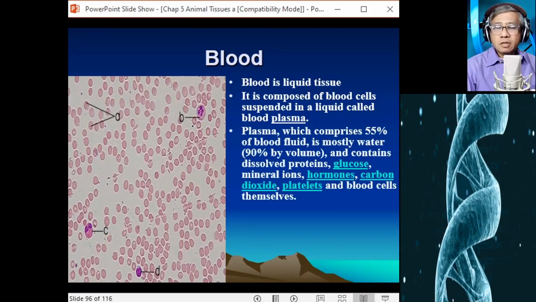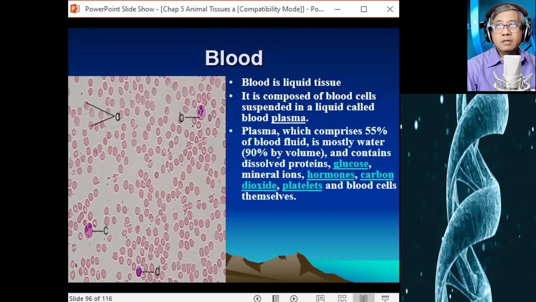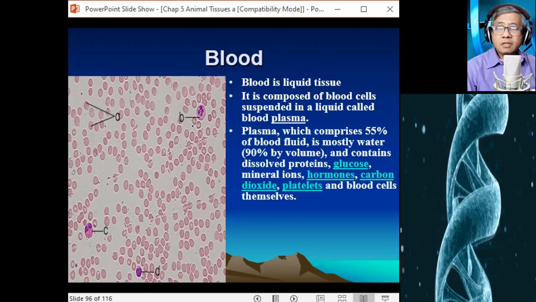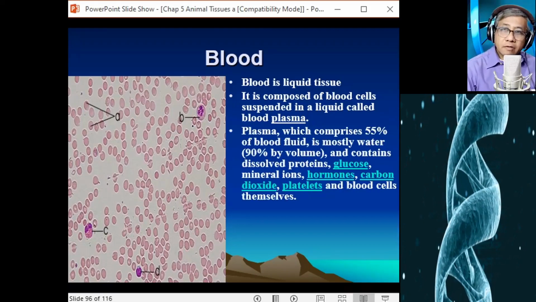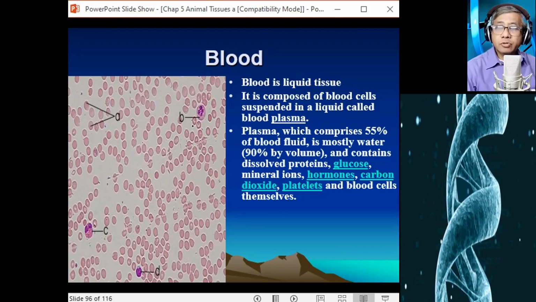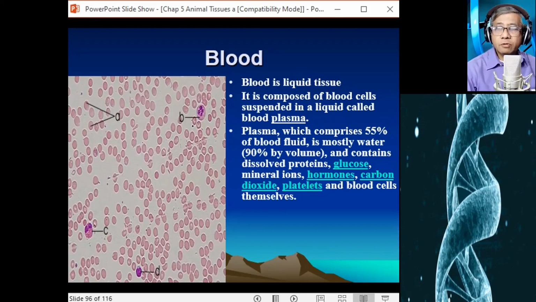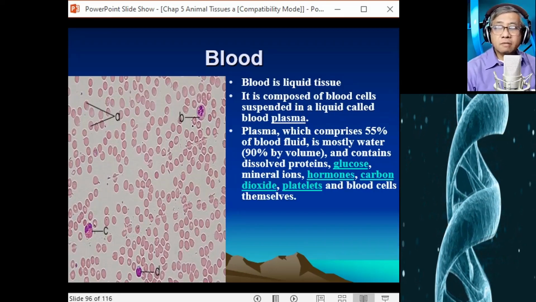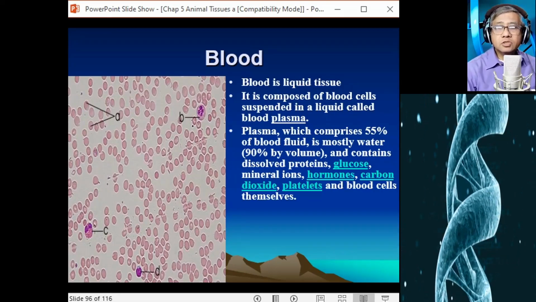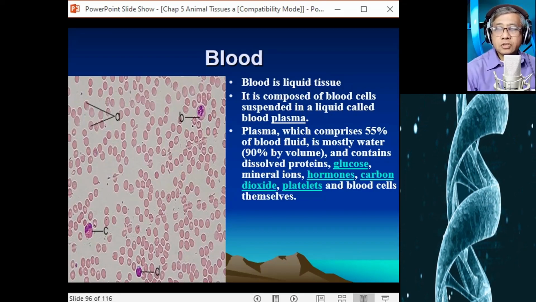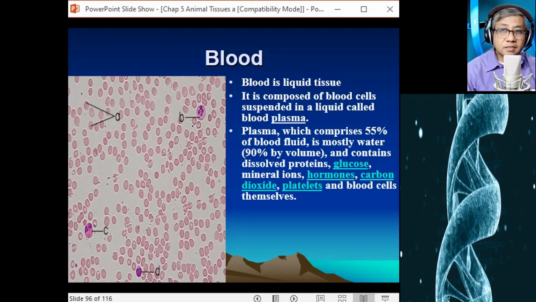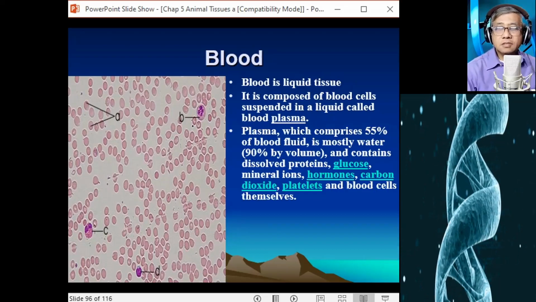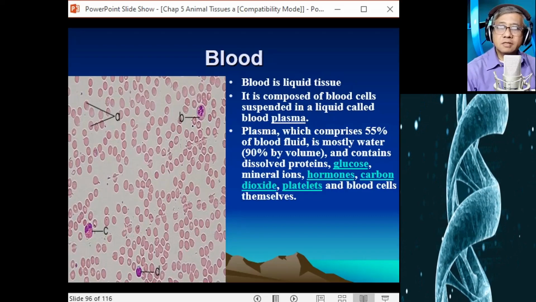Alright, so a quick description of plasma. Plasma is 55% of the body fluid, and it is composed mostly of water, 90% by volume. Plasma also contains other dissolved substances like proteins, glucose, mineral ions, hormones, and dissolved gases like carbon dioxide and oxygen, and it also carries platelets and the blood cells themselves.